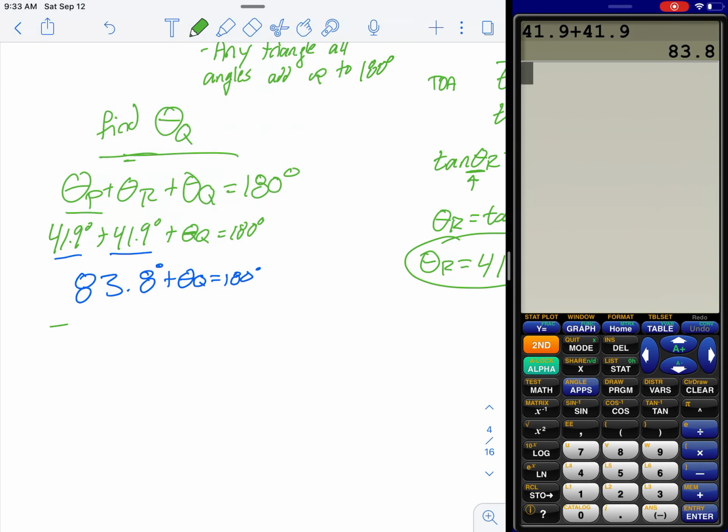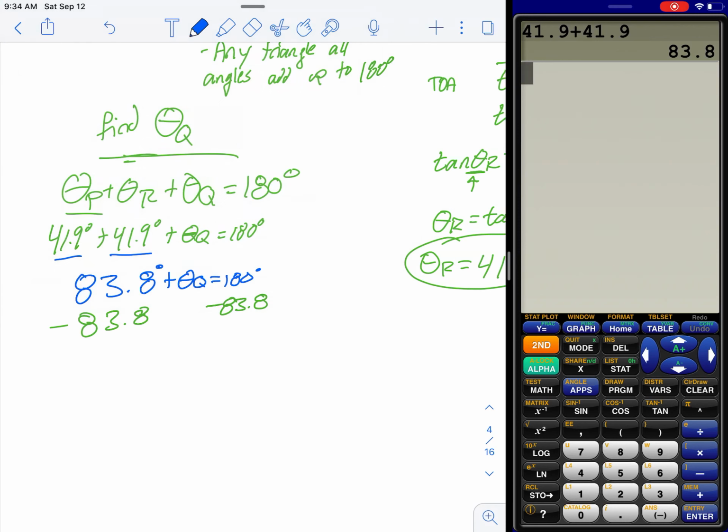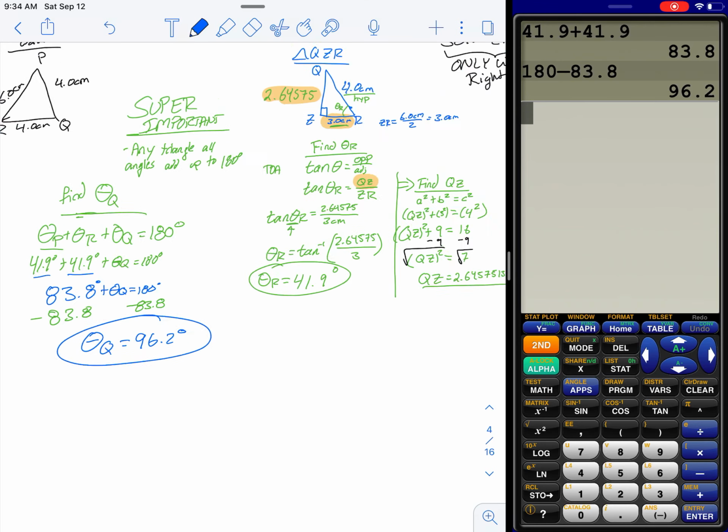And then we can subtract this. So subtract 83.8, subtract 83.8. And we're going to get angle Q equaling 180 minus 83.8. And that gives me 96.2 degrees.